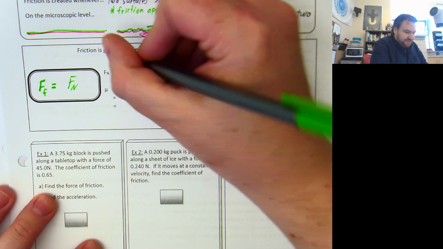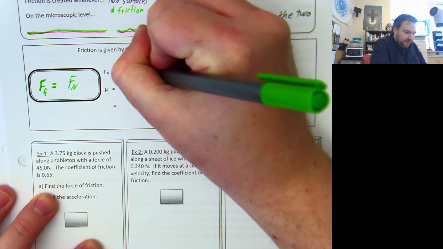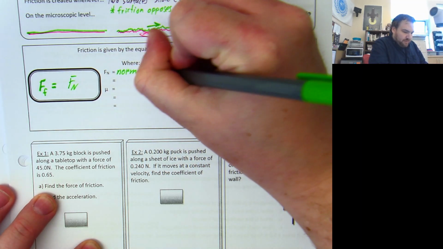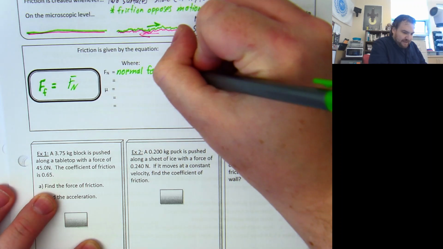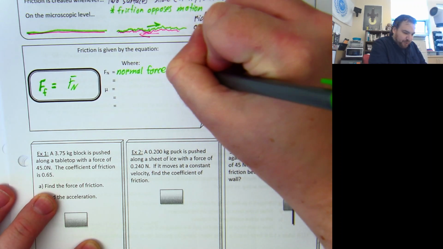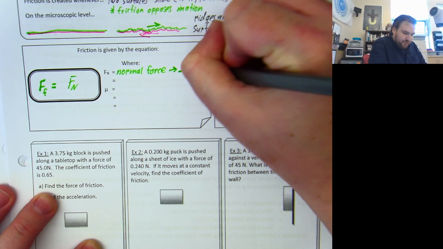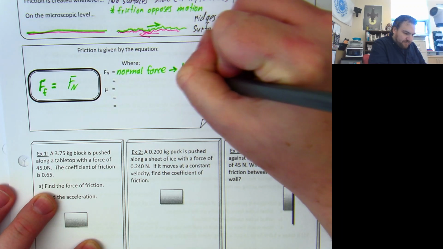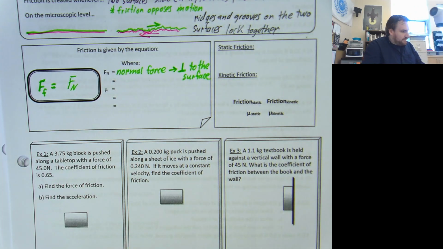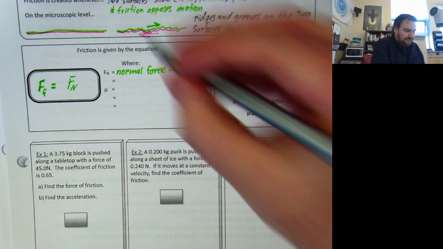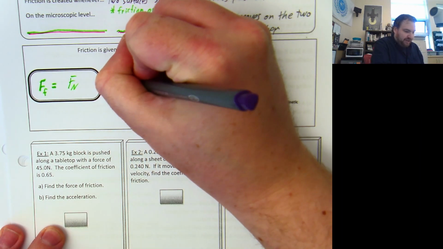So normal force, or Fn is normal force, we'll fill that in over here. If you recall, this force is perpendicular to the surface. And when the surface is flat, Fn equals Fg.